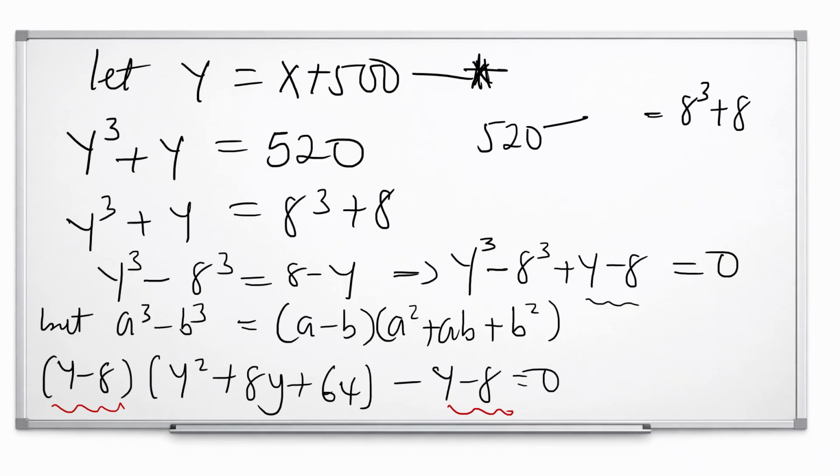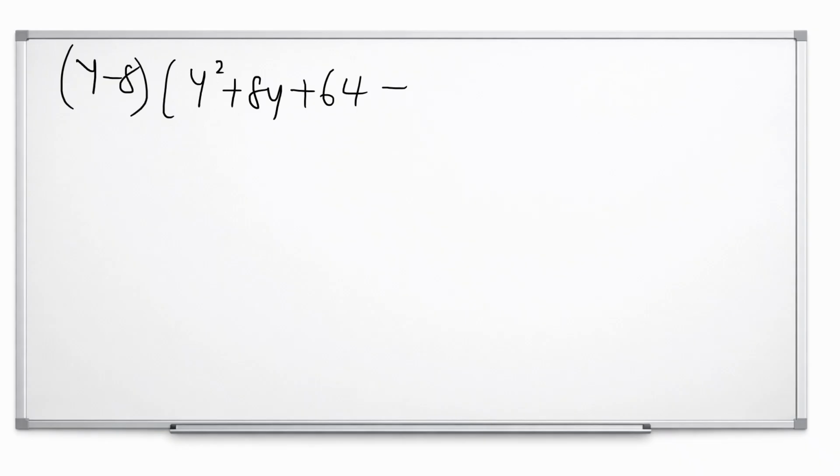So here, by factoring out my y - 8 in parentheses, I can have y^2 + 8y + 64 + 1 = 0.